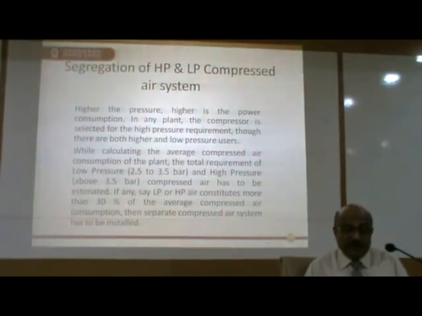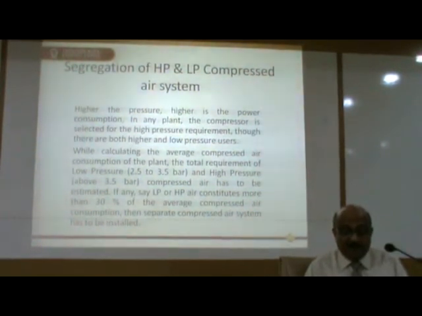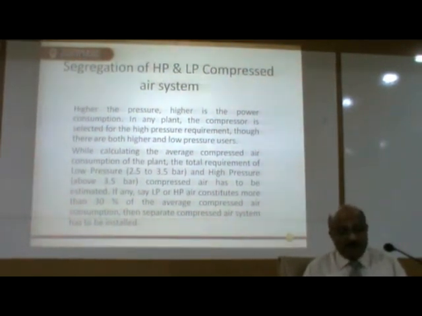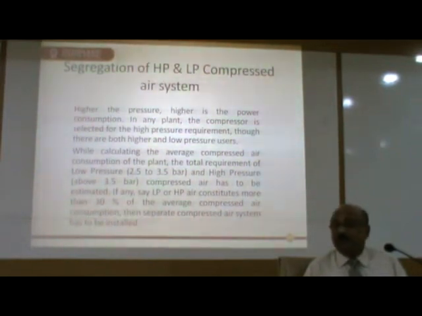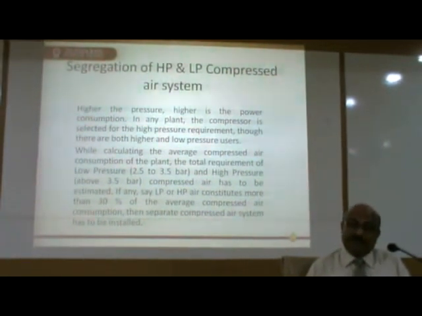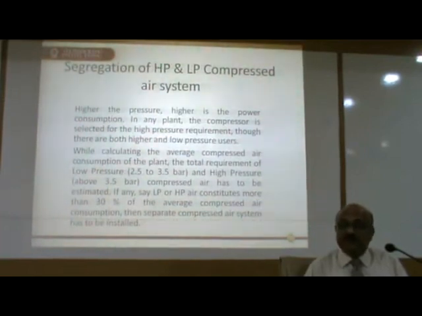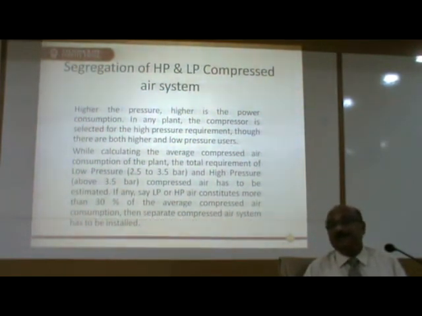If either the lower pressure or the higher pressure air constitutes more than 30% of the average compressed air consumption, then a separate compressed air system has to be installed. So it has to be evaluated. If separately the lower pressure or higher pressure is 30% or more of the average consumption, then a separate line or a separate compressor has to be installed at generation itself.